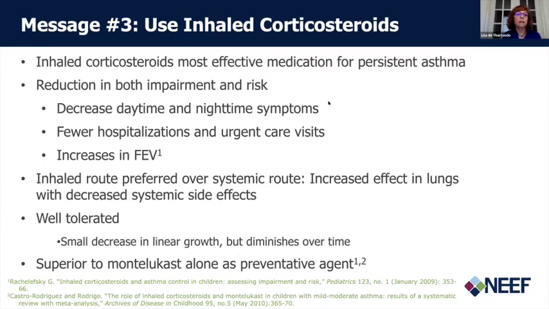It has a reduction in both impairment and risk, decreases daytime and nocturnal awakenings. There are fewer hospitalizations and urgent care visits with its use, and it increases pulmonary lung function.